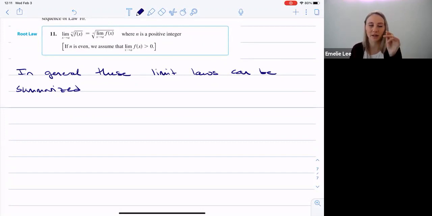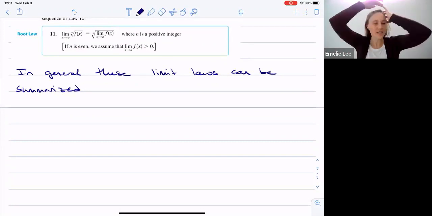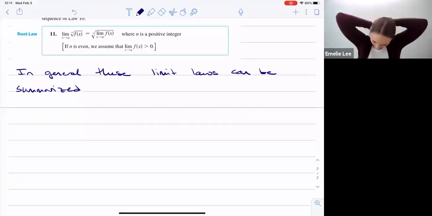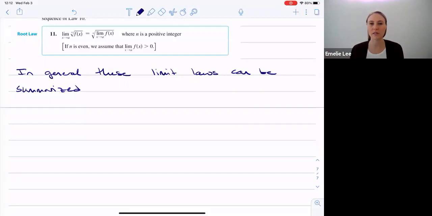At least in my mind, and this is not technical in any way, for me to remember these limit laws, I just think, okay, it looks like I'm allowed to float this limit onto whatever function I need it to be on, right?